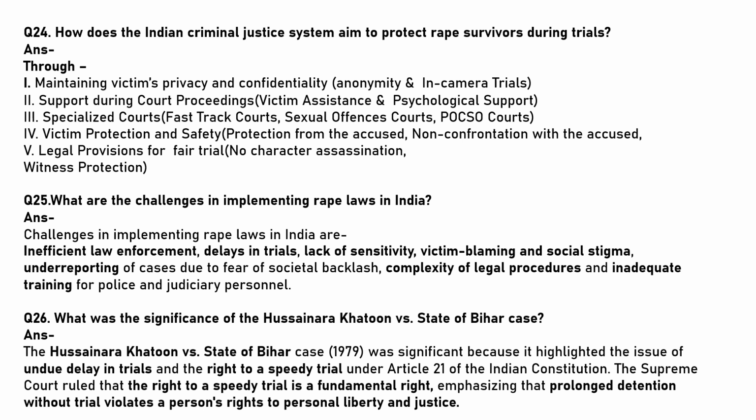The criminal justice system aims to protect rape survivors during trials in the following way: by maintaining victims' privacy and confidentiality, that is anonymity and in-camera trials; support during the court proceedings, that is victim assistance and psychological support; specialized courts like fast track courts, sexual offense courts and POCSO courts; victim protection and safety, protection from the accused, non-confrontation with the accused; legal provisions for fair trial, no character assassination, and there is provisions for witness protection.